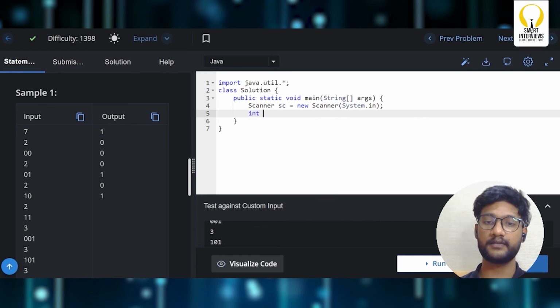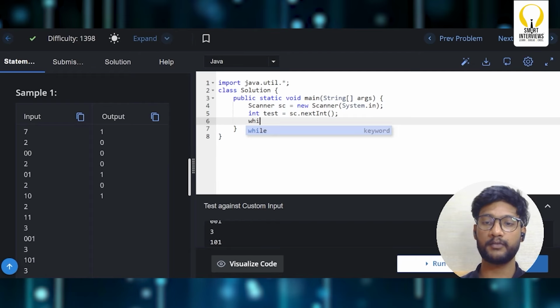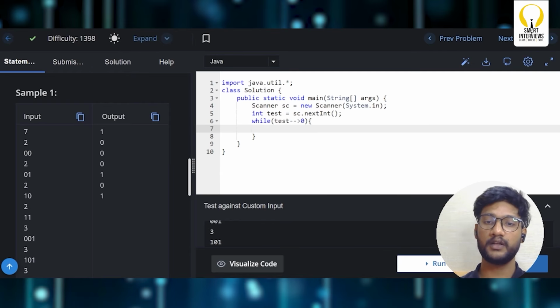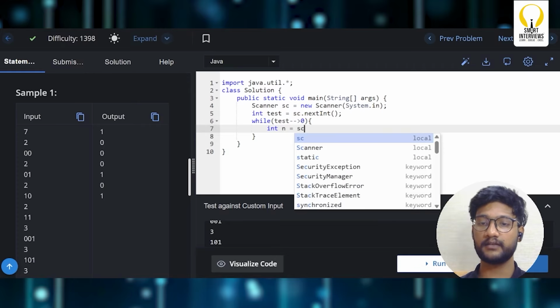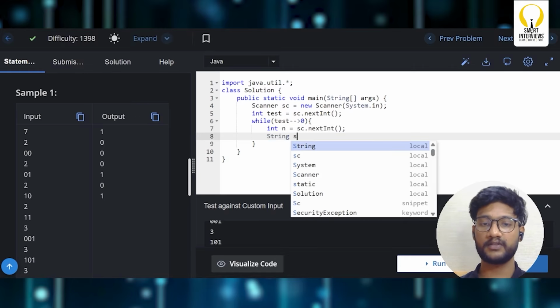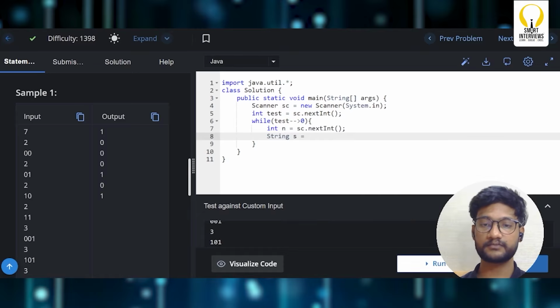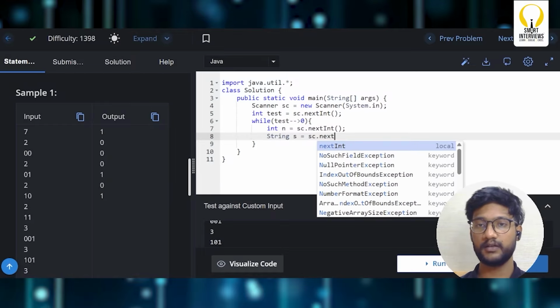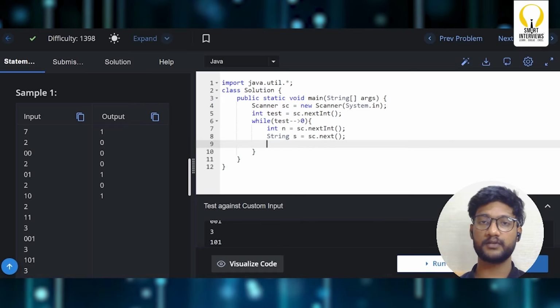Now we'll read our test cases. After that I'm supposed to loop on my test cases, and in each test case we have the size of the string. After that we take, let's say, s, the string.